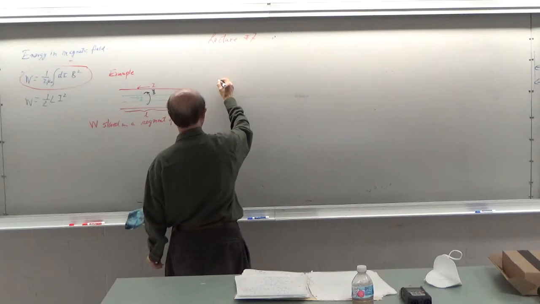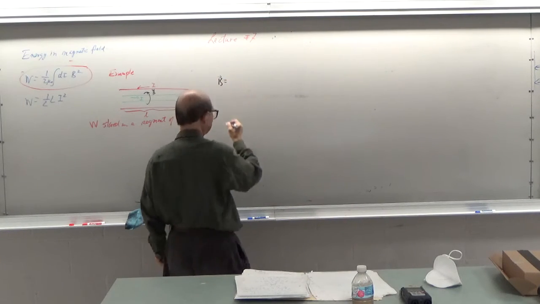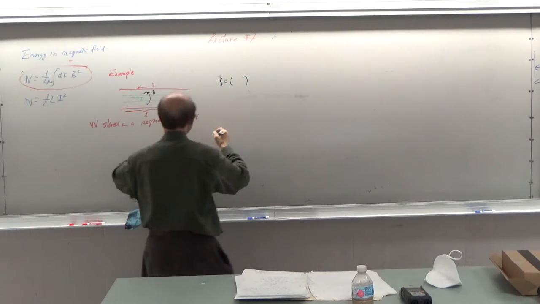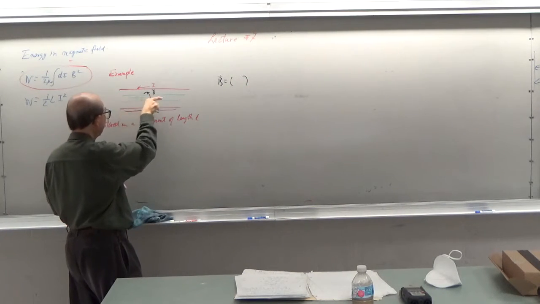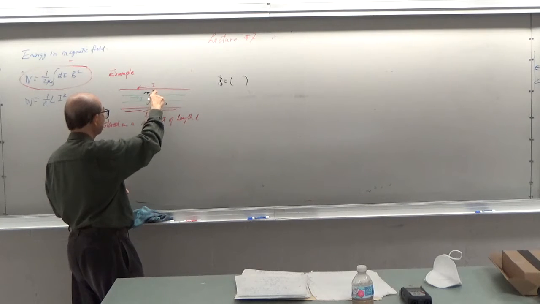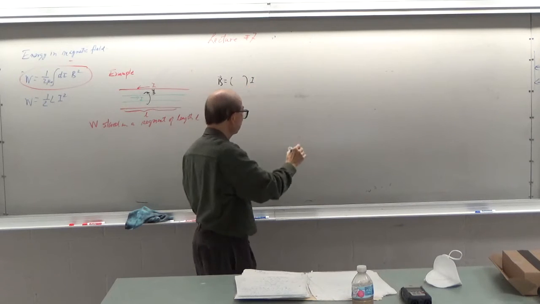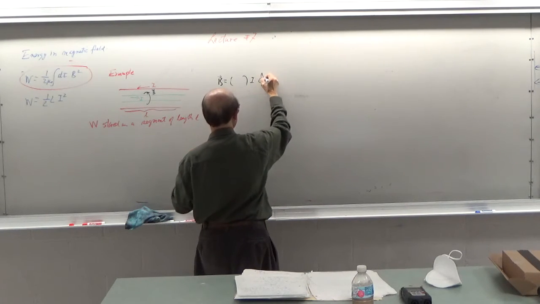And you can calculate B. I would not take the time to do it. Obviously, it's linearly proportional to the current I enclosed in this region. So it's I. And it's in the circumferential direction.